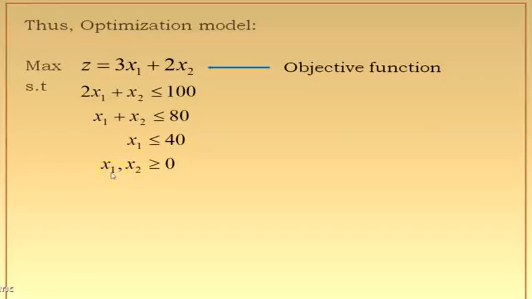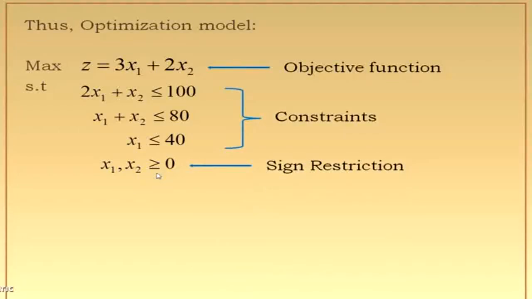And the last line is very important because we need to set the boundary of every decision variable. This is the complete LP model for the Kinderwood problem.